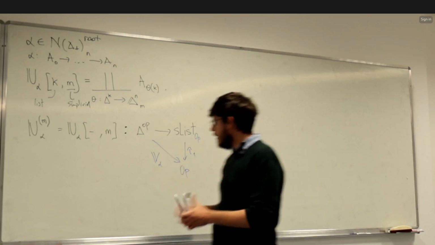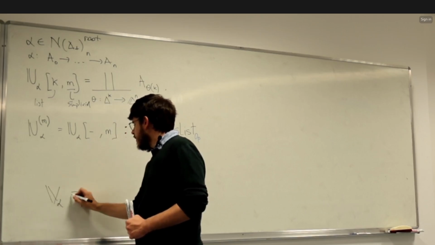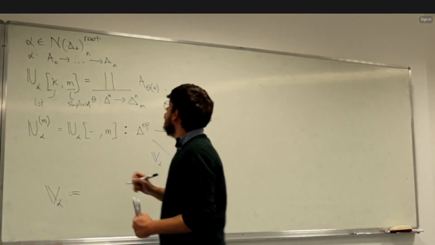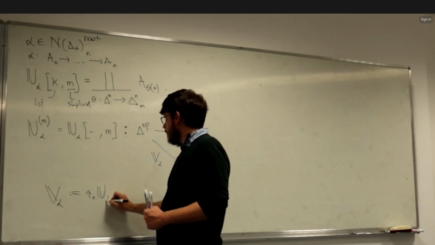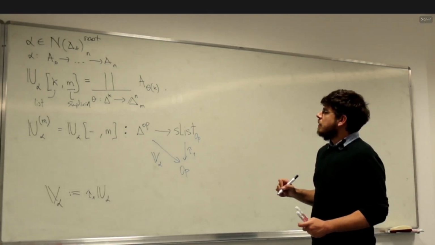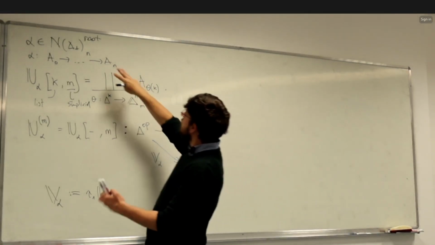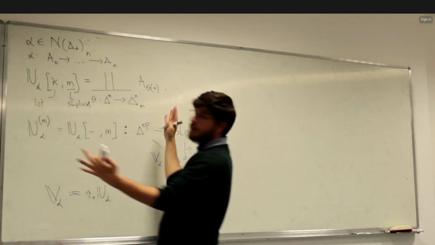So basically you define your V alpha to be tau 1 of these thick U alpha. I didn't use the fact that these are rooted, so I could just do the general forest case.